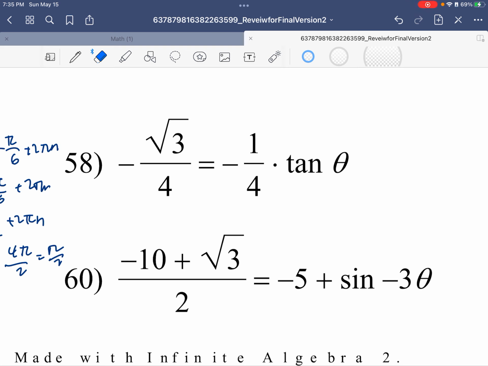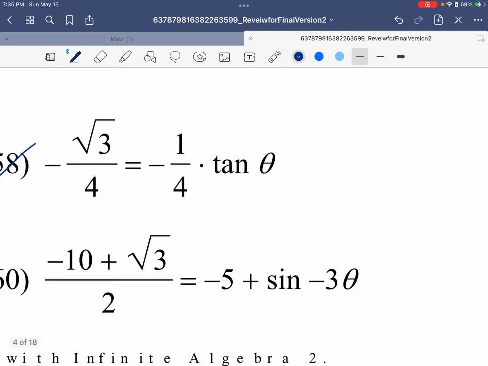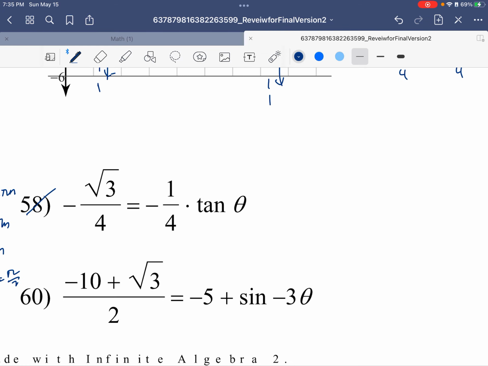Okay, I'm not going to do this one. Let's do 60. 60 of these cancel out. And let's set this to theta. Let's go ahead and find that angle. So sine theta is going to be equal to square root of 3 over 2.